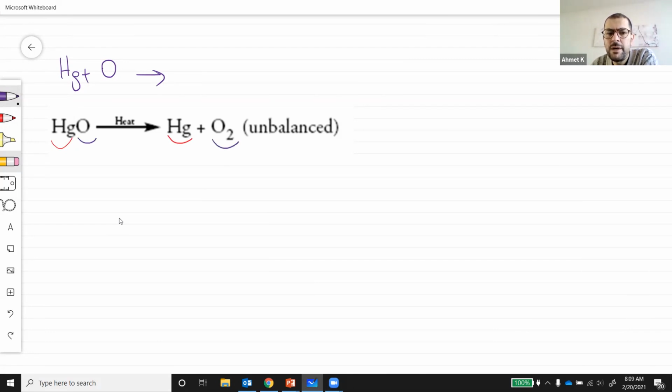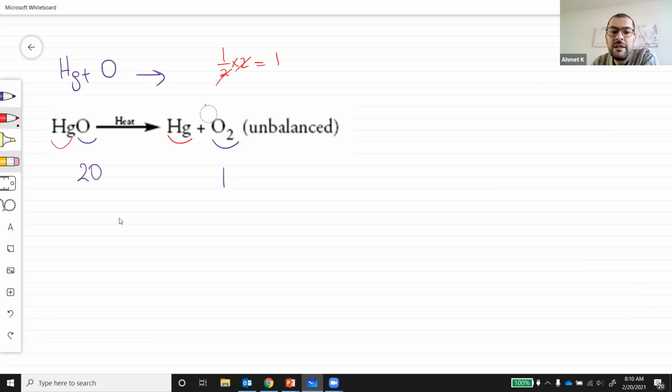So we need to somehow make this oxygen two so that it's balanced, or make the other oxygen one. If I want to balance this, I will just put 1.5 in front of the oxygen, because 1.5 times 2 is 3, right? That's one way of balancing.